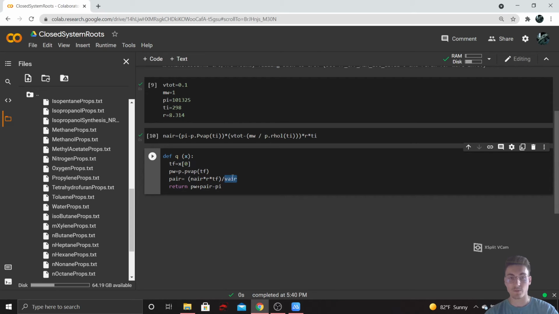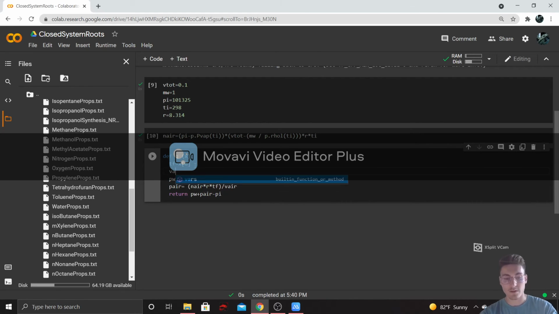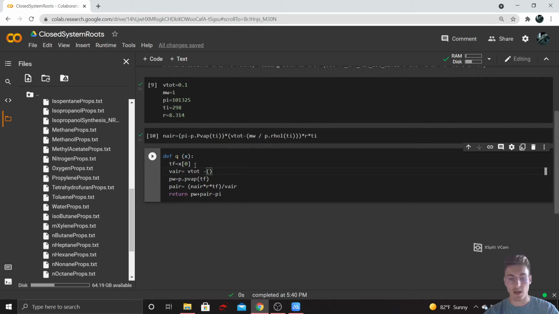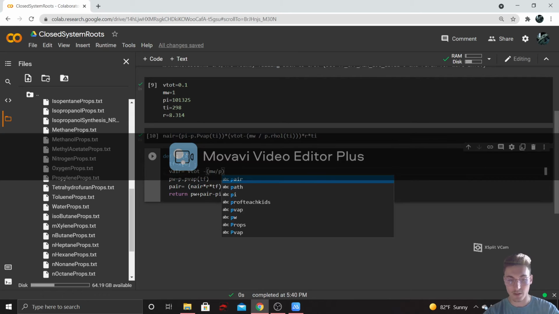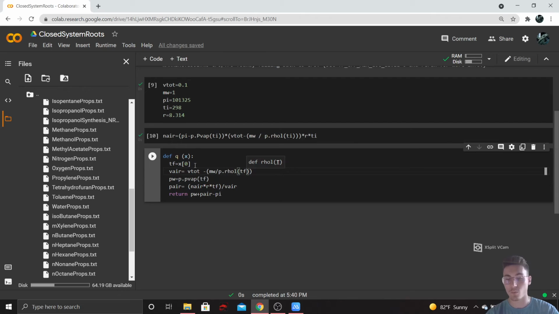So now we need to do this for the volume of air. So V air is equal to our V total minus our mass of the water, which is 1, divided by P dot rho L at the final temperature. That'll give us the total volume minus the volume of the water.